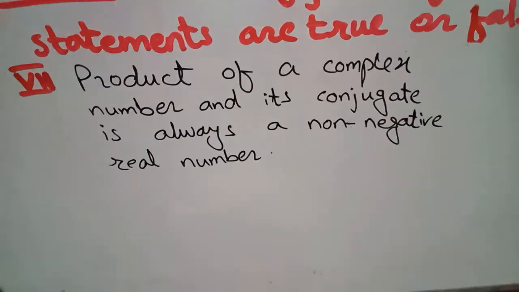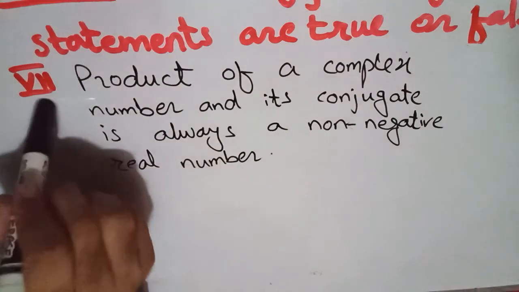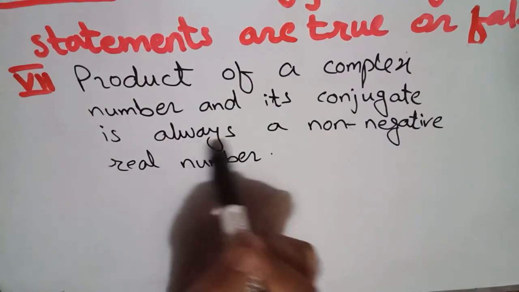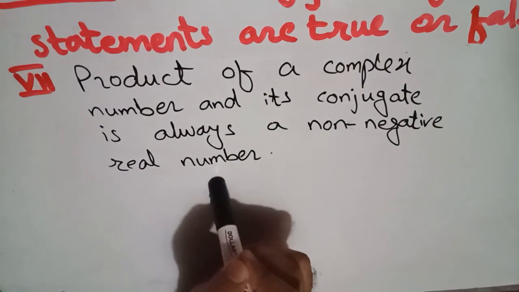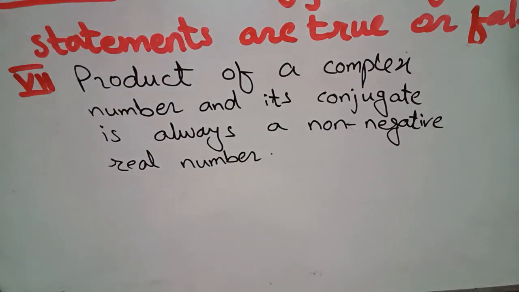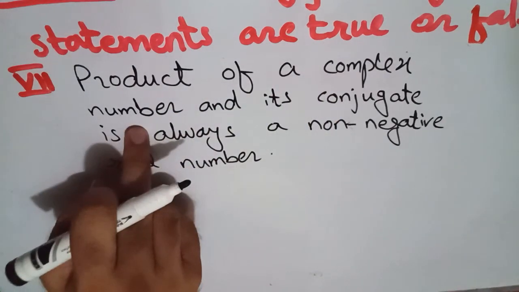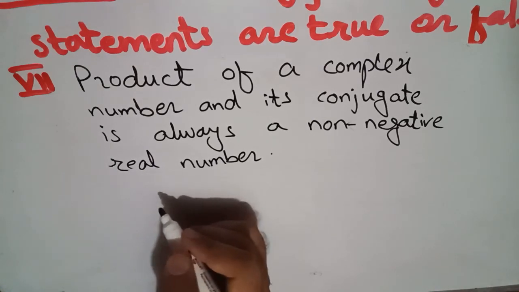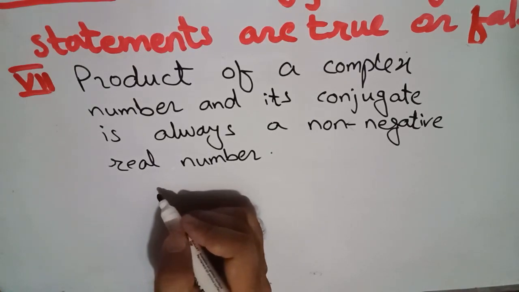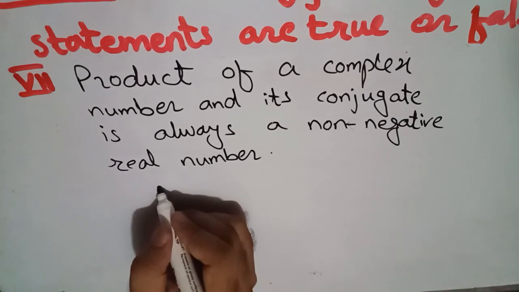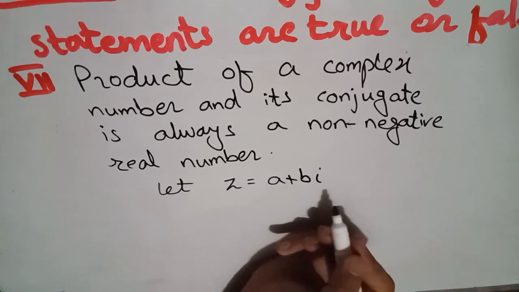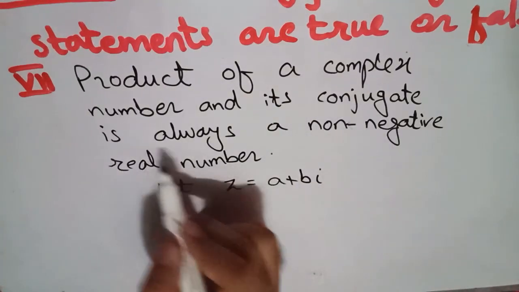Okay. In the next statement, statement number 7, the product of a complex number and its conjugate is always a non-negative real number, and we have to find whether it is a real number or not. So here we will let the same complex number that we assumed in our previous statement, that is let z is equal to a plus b iota and its conjugate.